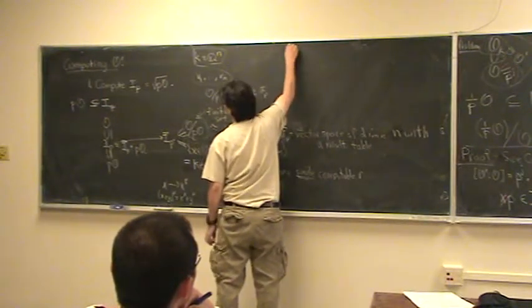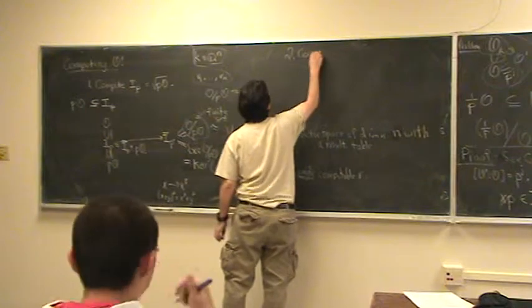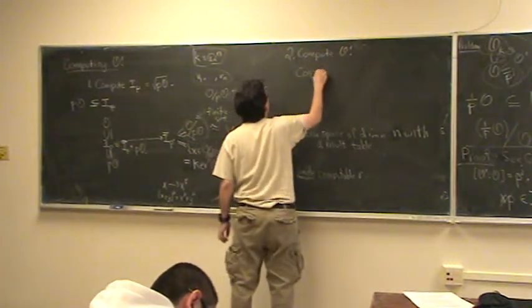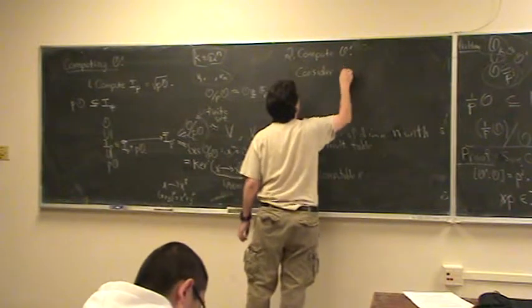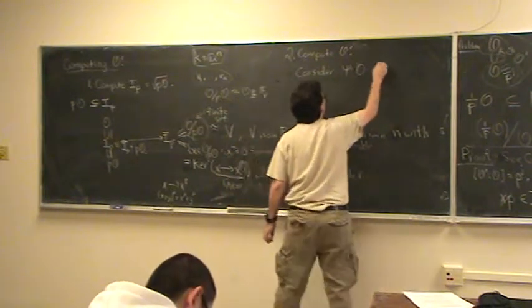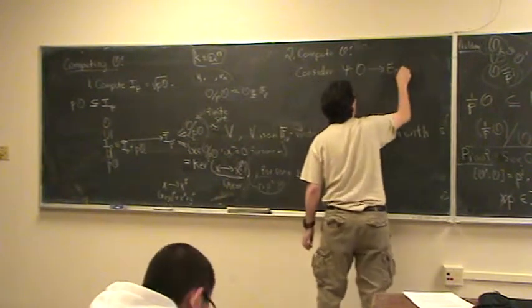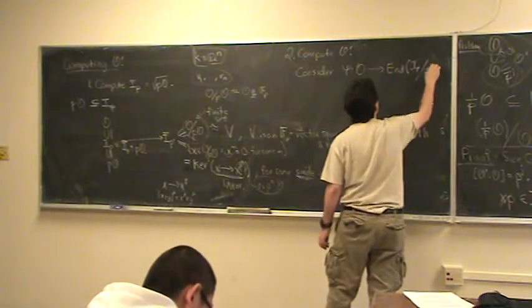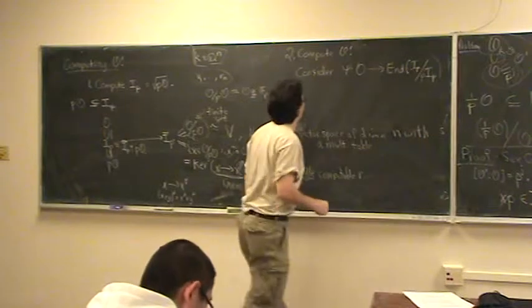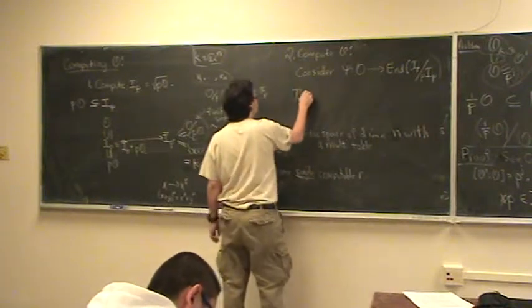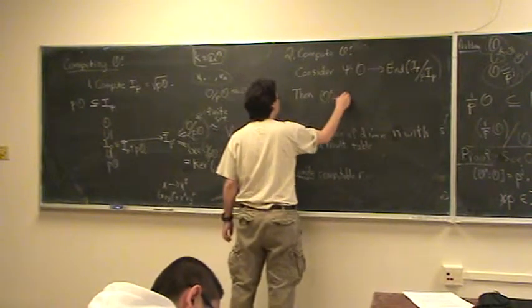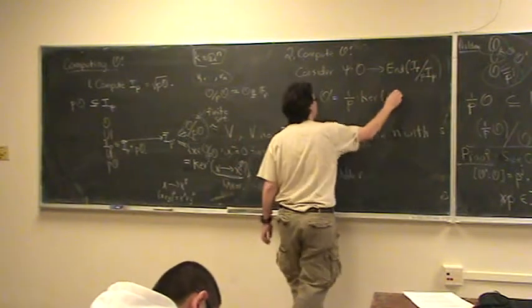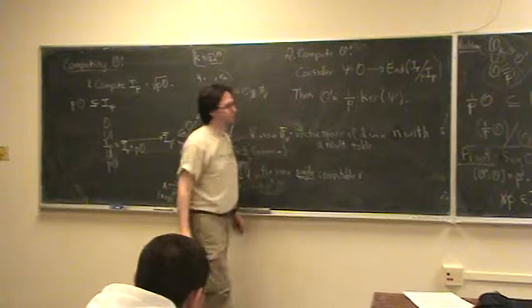So this is computing O prime. Consider the homomorphism psi from O to the endomorphisms of the finite abelian group IP mod P IP. Then O prime is just equal to 1 over P times the kernel of psi of that homomorphism. Okay?